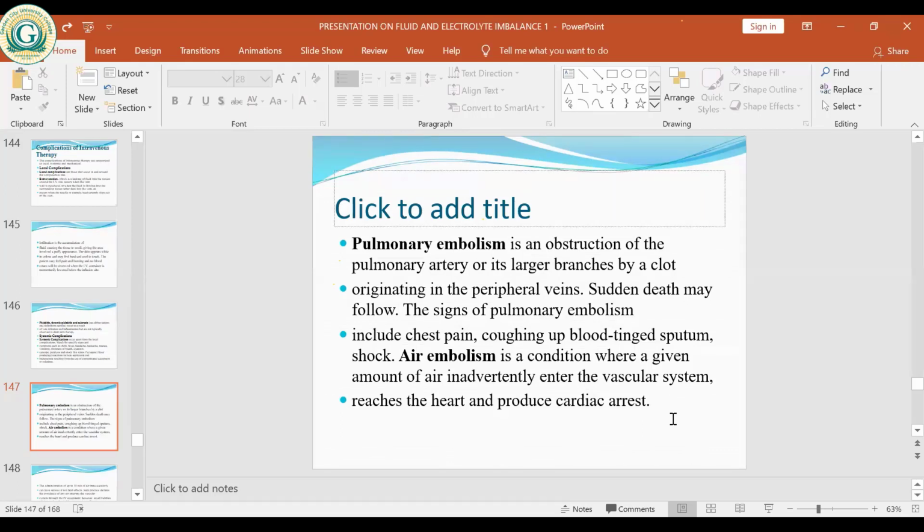So embolism is when a clot, or it could be air, could be anything, goes to block the lungs. So the pulmonary arteries cannot exchange the deoxygenated blood for fresh oxygen.